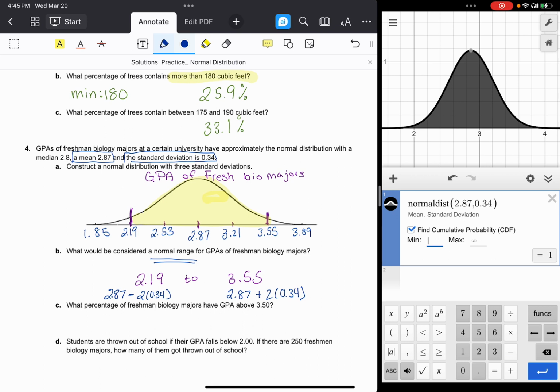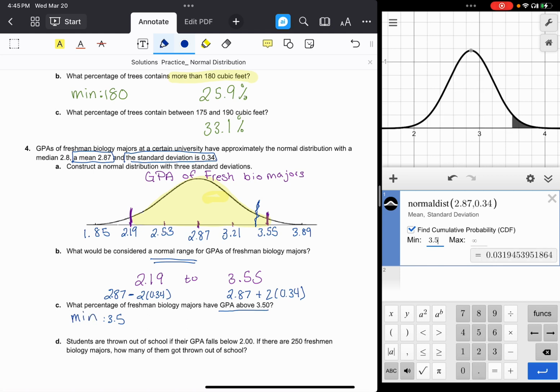So what percentage of bio majors have a GPA above 3.5? I already know that's not going to be very many because 3.5 is pretty close here to that 2 standard deviations above. It's not quite an outlier, but it's pretty close. So we're going to set that 3.5 as the min value, sorry, I was saying max and thinking it and then not the min value.